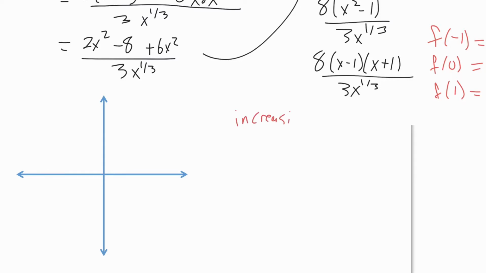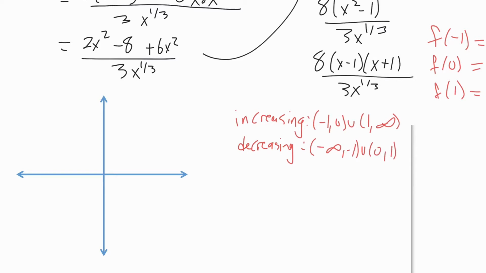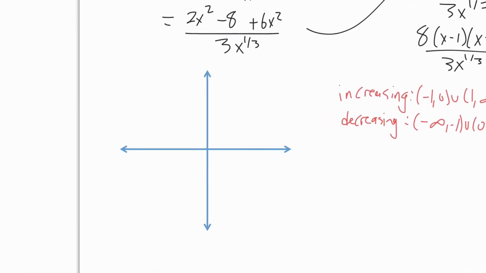It's increasing on -1 to 0, union 1 to infinity. And it's decreasing from -infinity to -1, union 0 to 1. All right, let's go ahead and draw that graph. So we'll label it as x and f of x.